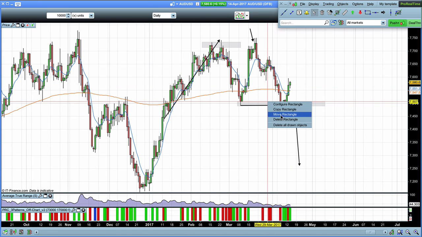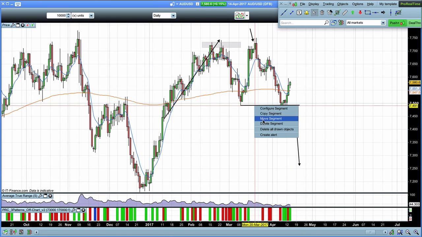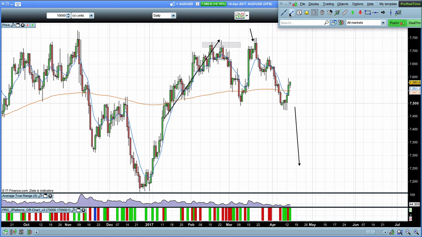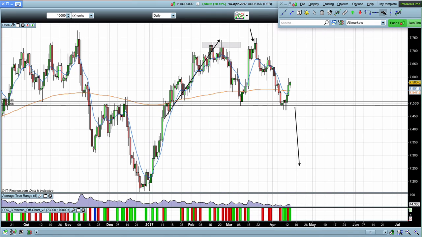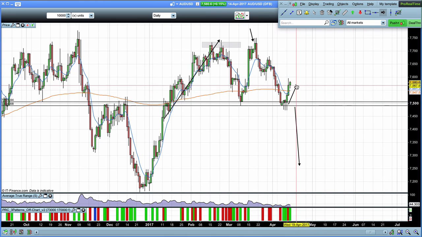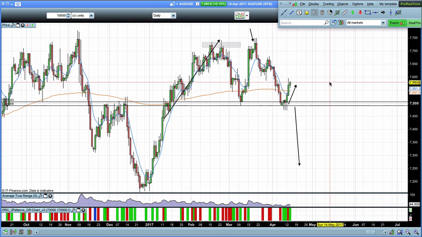That's why in last week's video we went over, let me just mark this in, that this was potentially good levels to look for those bullish positions. For the bearish sentiment to continue, we would need to see confirmation of the break.